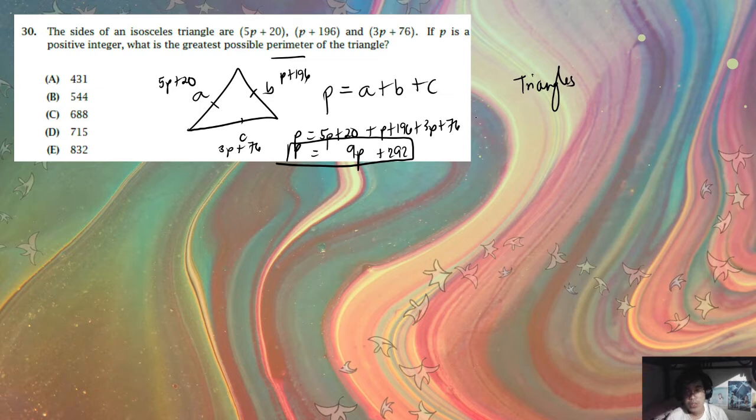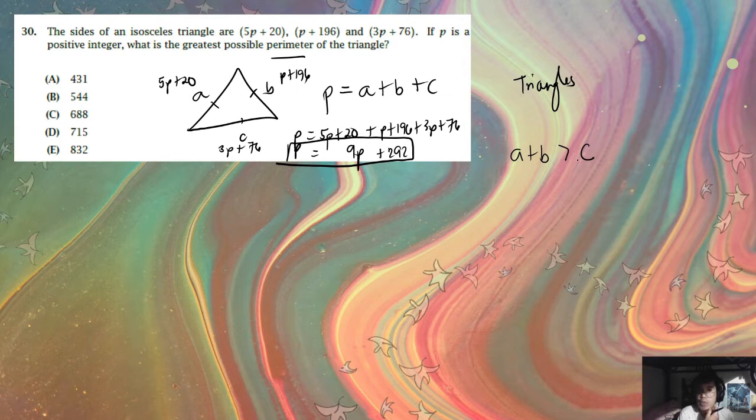That is what we commonly know as the triangle inequality theorem, the main theorem for triangles. Stating that would be a plus b should be greater than c.